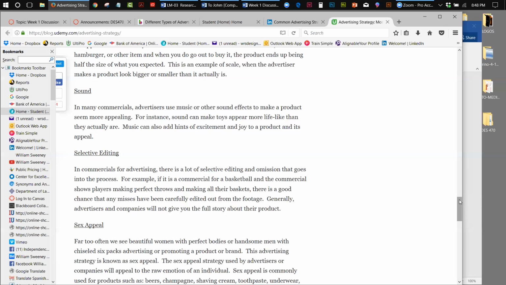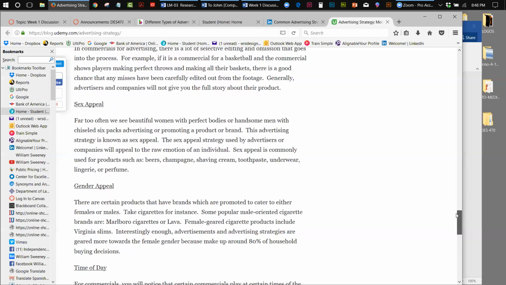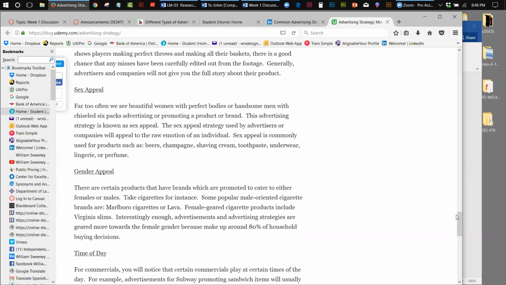Okay? Sex appeal. Far too often we see beautiful women, perfect bodies, handsome men. This advertising is known as sex appeal. Sex appeal strategies by advertisers, and so on. I don't have to tell you this. Common. We see it all the time.